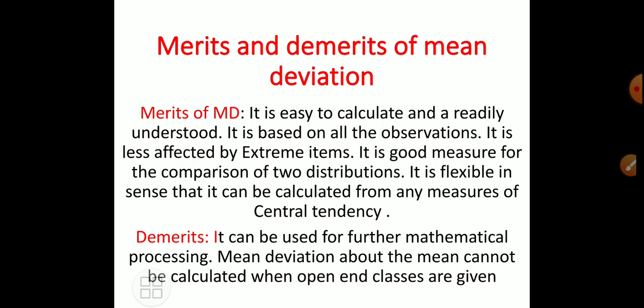It is based on all observations. There should be a type of deviation that gives justice to each and every observation, each and every item of the population. So mean deviation definitely gives justice to every observation.